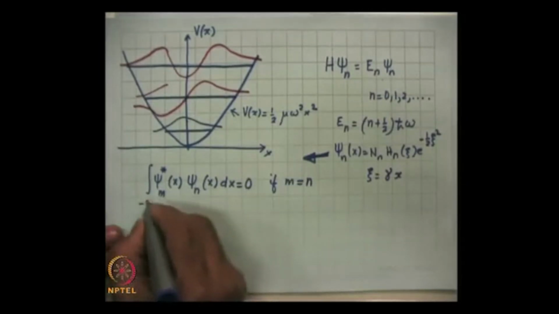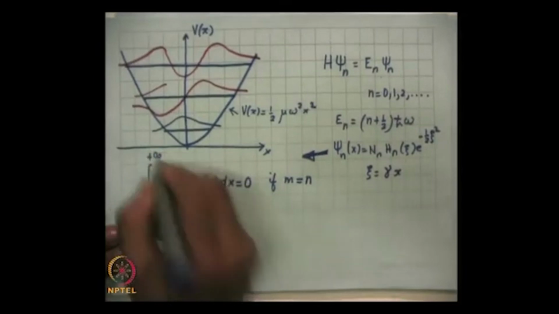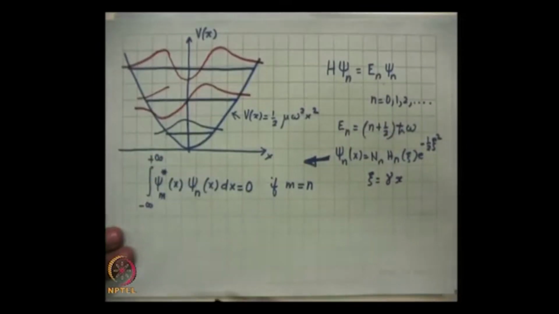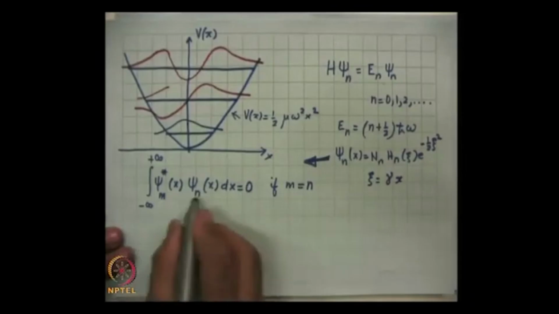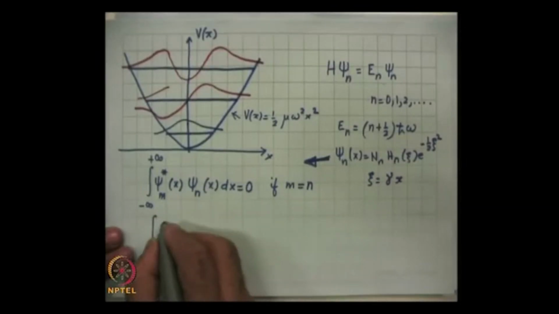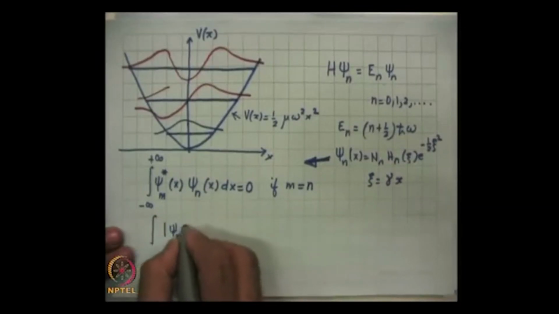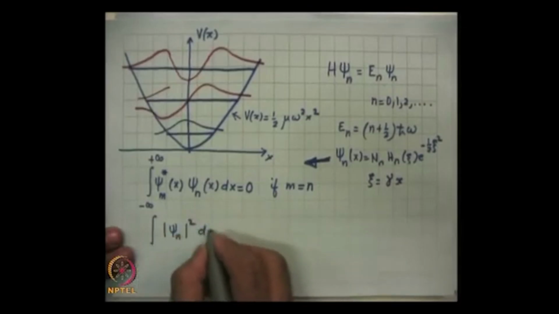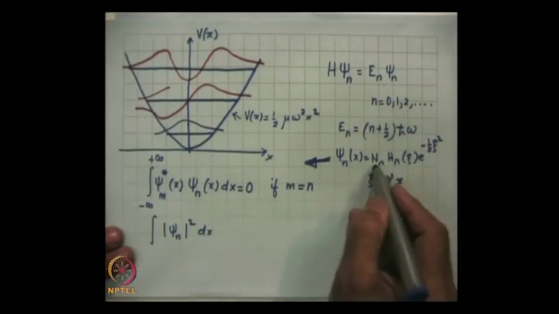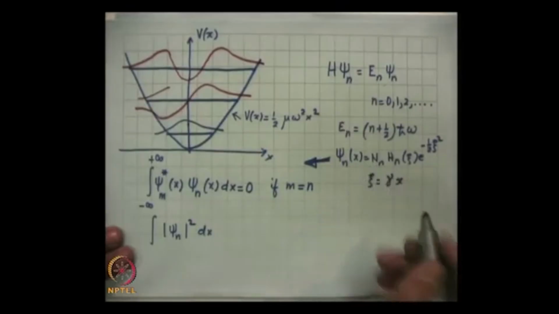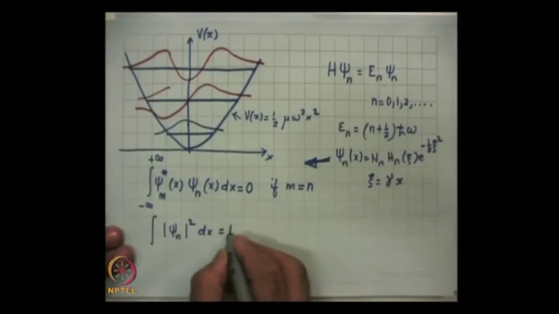All limits as before are from minus infinity to plus infinity, and when m is equal to n, the integral of mod psi n square dx, I can always choose the value of N sub n such that this integral is 1.